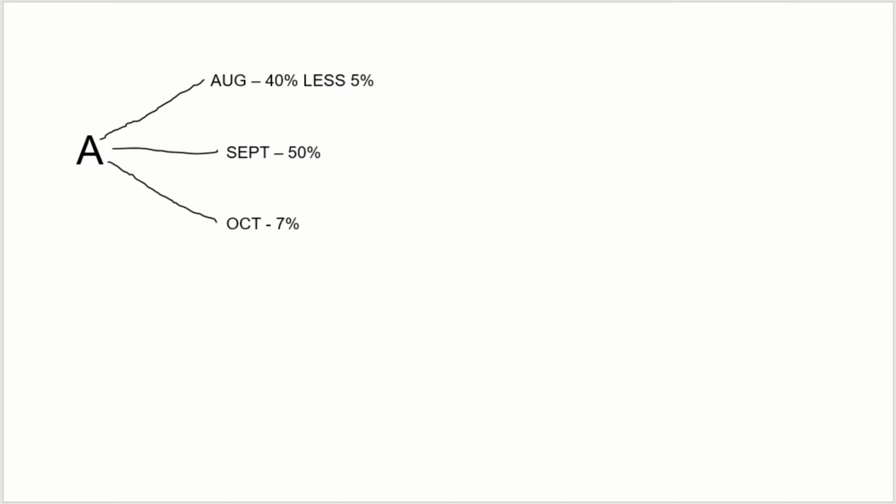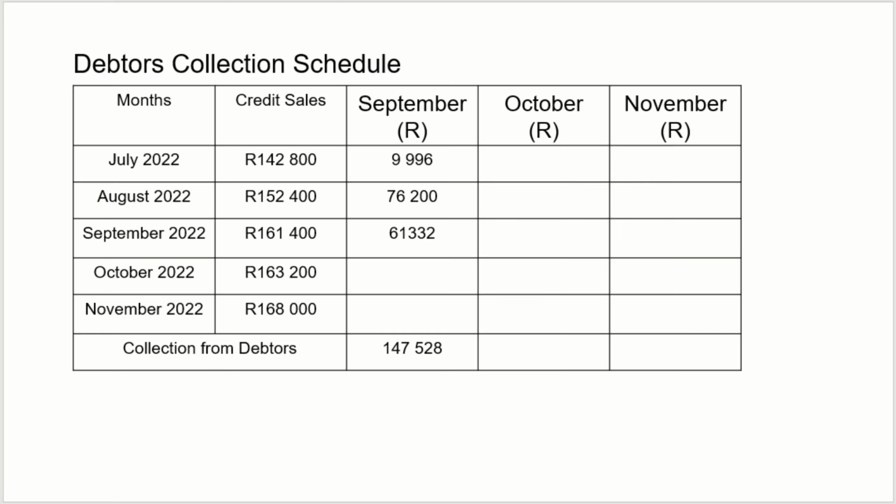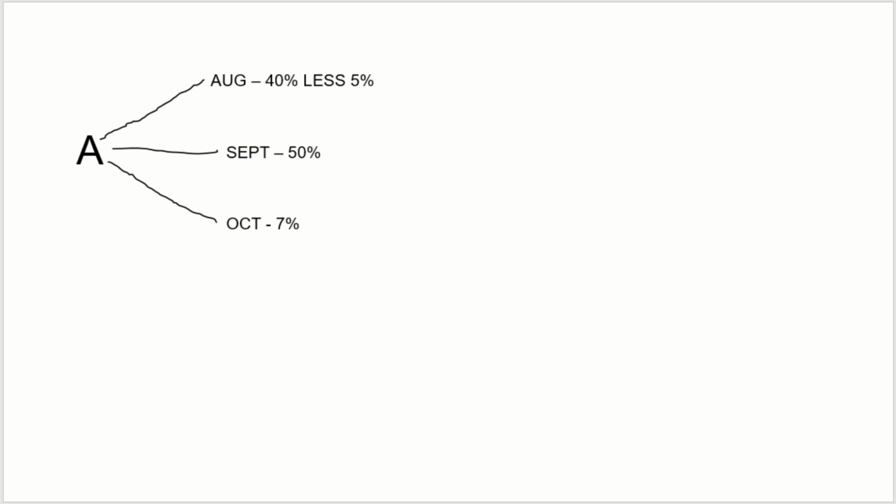Alright guys, after drawing our stem and branch, what we're going to do now is compare our branches to our collection months. In our collection months, we're collecting for September, October, and also November. Now in our branches, we have August, September, and October. So everyone can see that we're not collecting for the month of August, so we're just going to cancel it out.